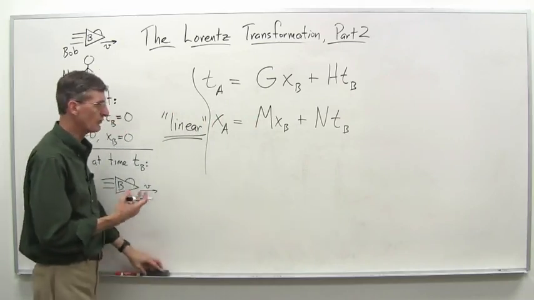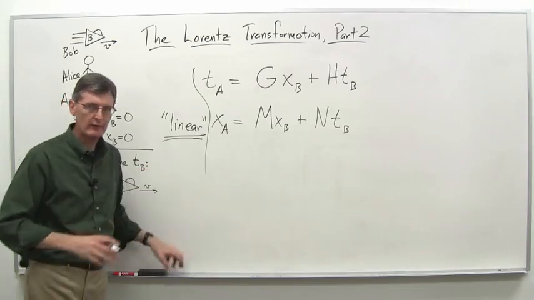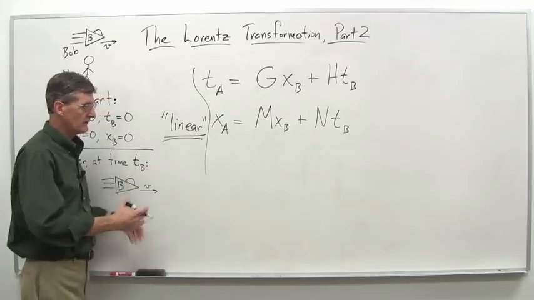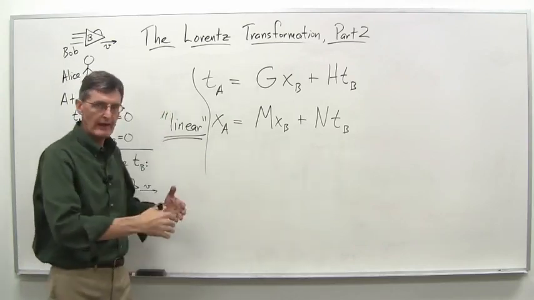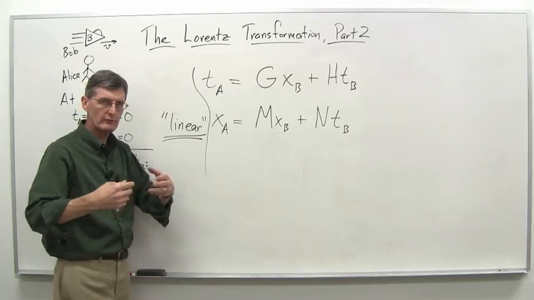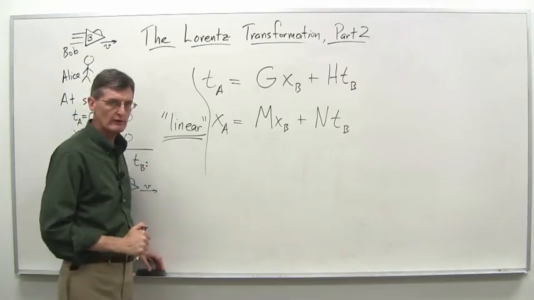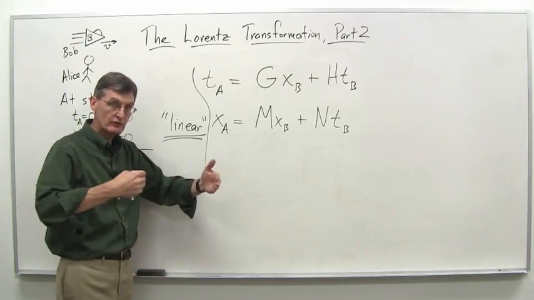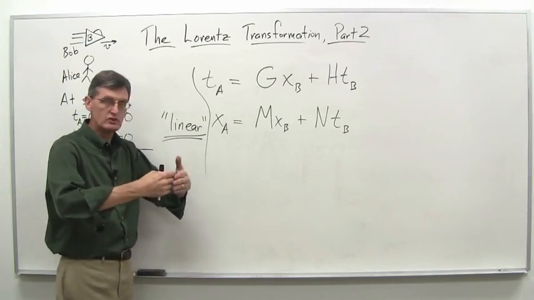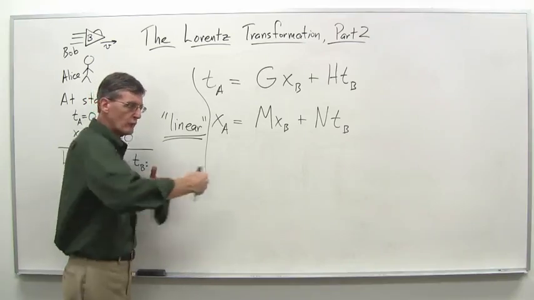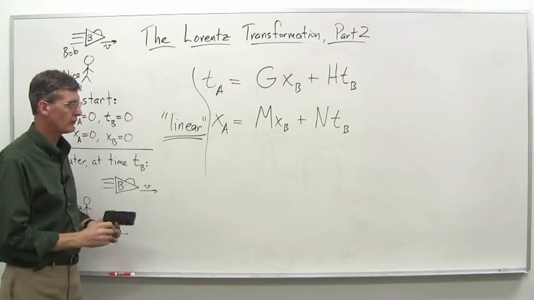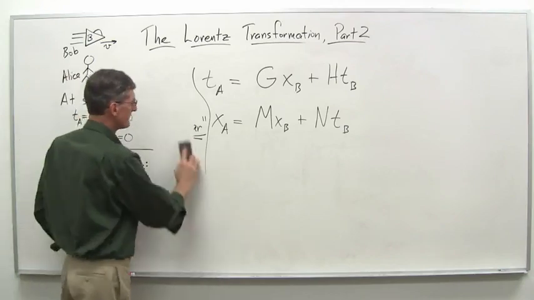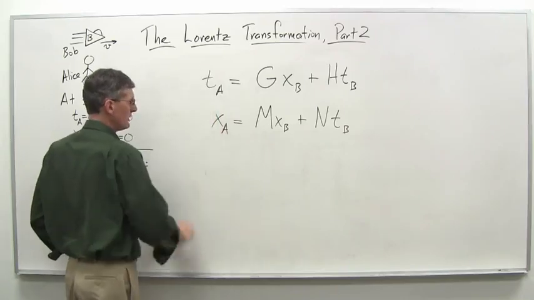And that comes from our little hand-waving argument that the distances between times, and also works for distance as well, have to be uniform when you're transforming from one frame of reference to another frame of reference. It can be stretched or contracted, but it can't change from one to the next as you go along with it, as we saw. Okay, so accepting that, this is our form here.